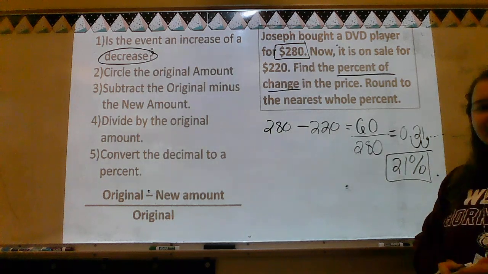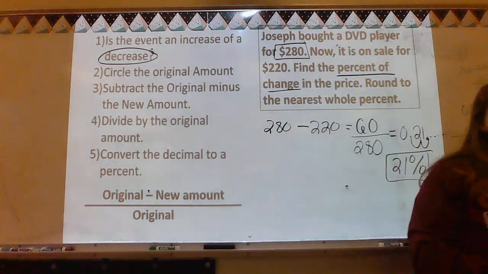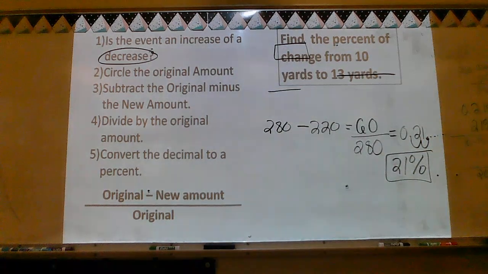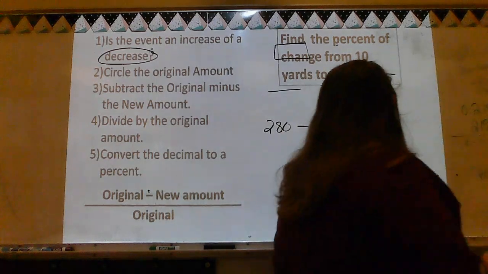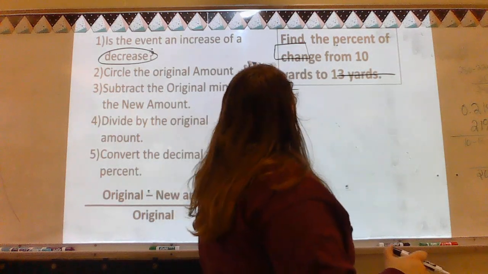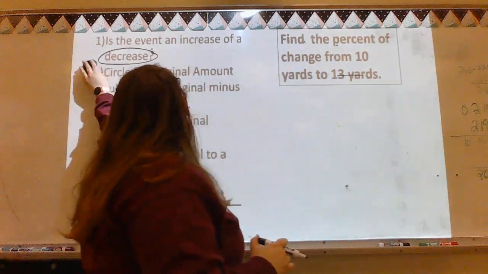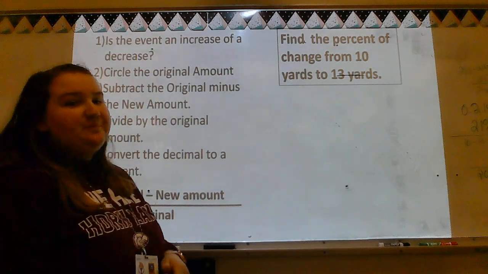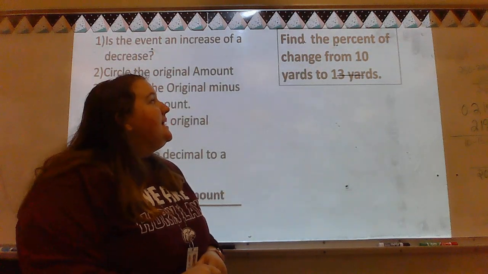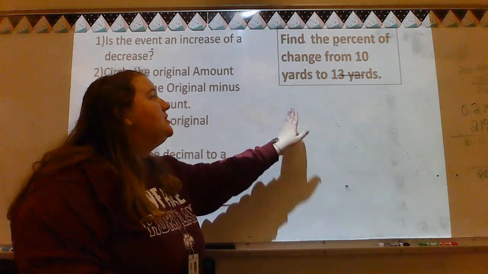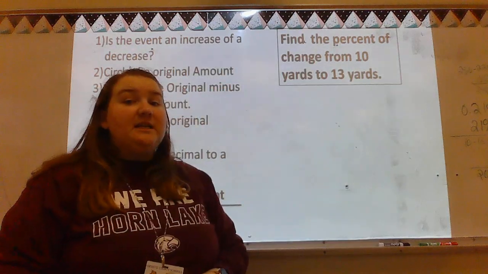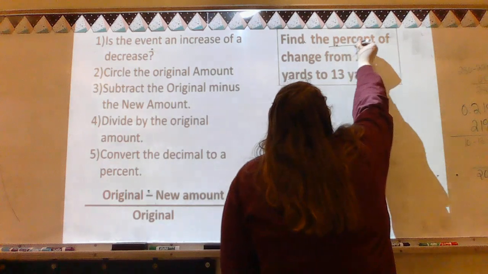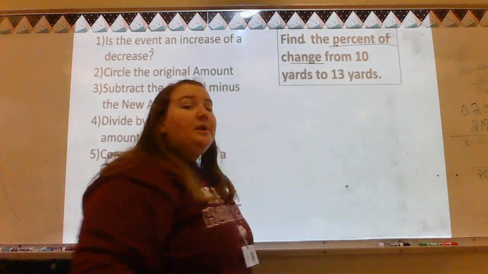Okay, let's work a couple more. Let's practice. Number 2. Find the percent of change from 10 yards to 13 yards. So, percent of change. That's what we're looking for.